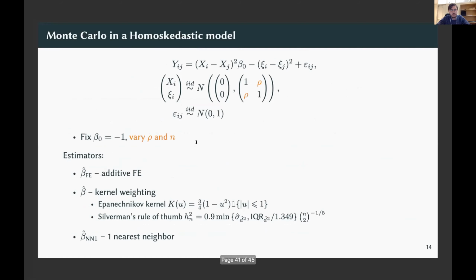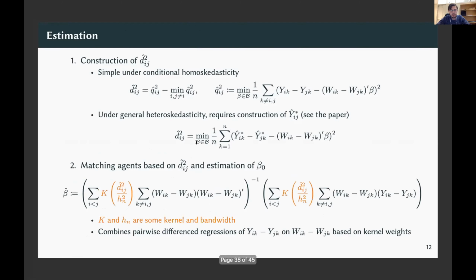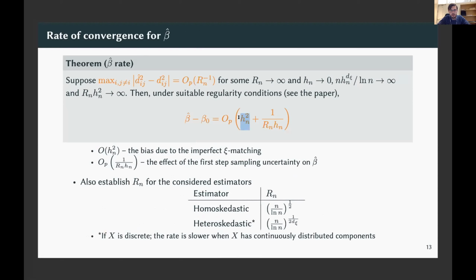So, I don't have a slide with technicalities here. It depends on the kernel, and there are hidden constants which are going to depend on the properties of that kernel. I think the important part is that the kernel is supposed to have bounded support. This is important to get these rates. Second, this kernel is also supposed to be Lipschitz continuous.